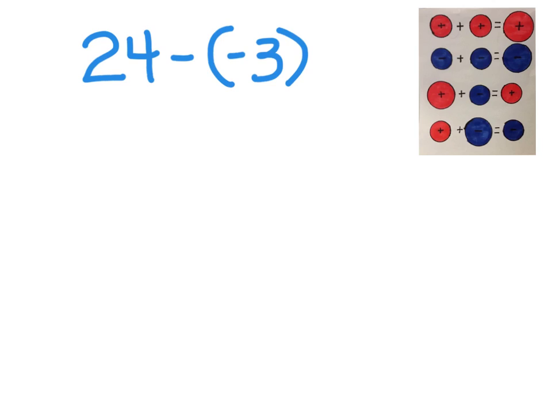Example 1 from your notes says 24 subtract negative 3. We are going to go with that method of keep, change, change. It says rewrite the problem and then solve it on your note sheet. So I'm going to keep 24.